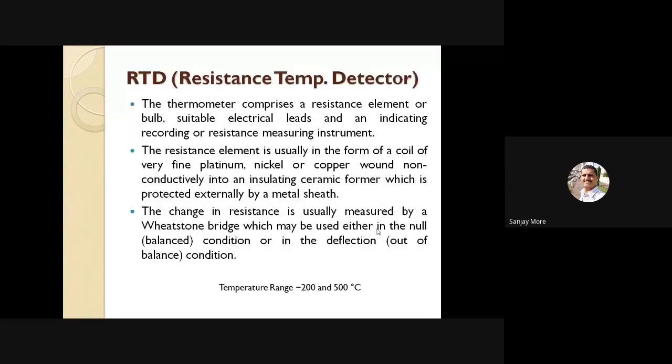See the temperature range of RTD: minus 200 degrees Celsius to 500 degrees Celsius plus.